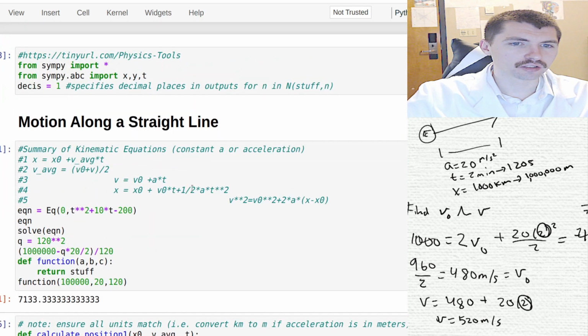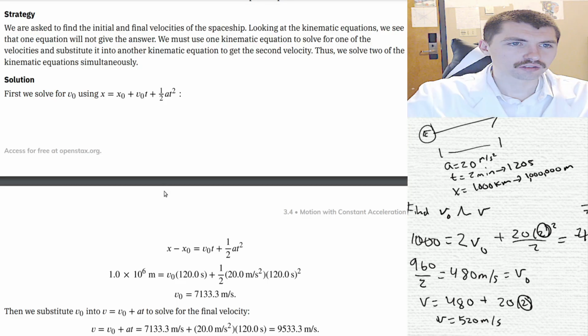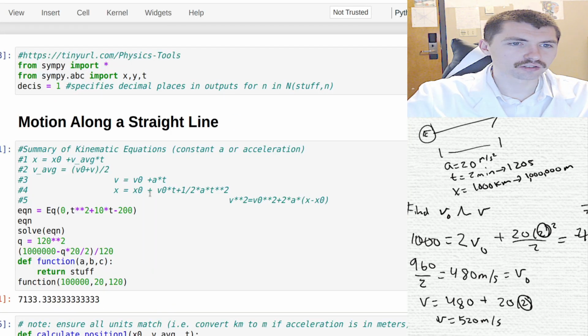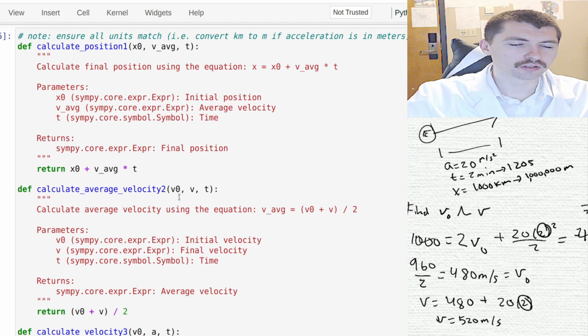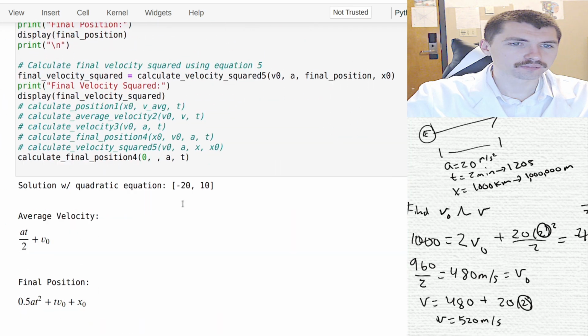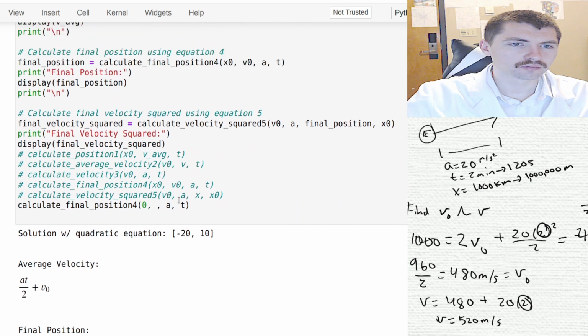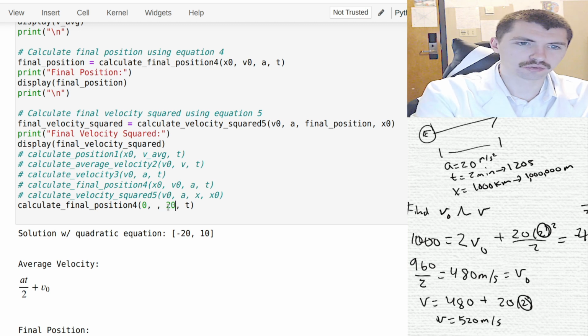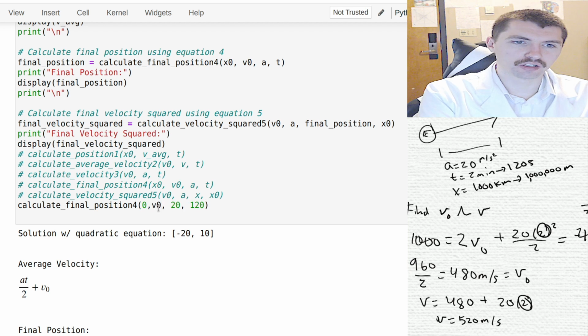X naught is, x equals x naught. So we're using equation 4. So we know A is 20, T is 120, V naught is V naught, right?